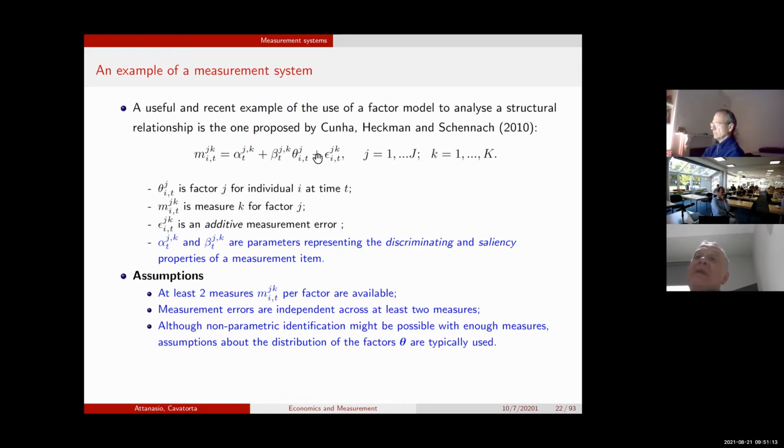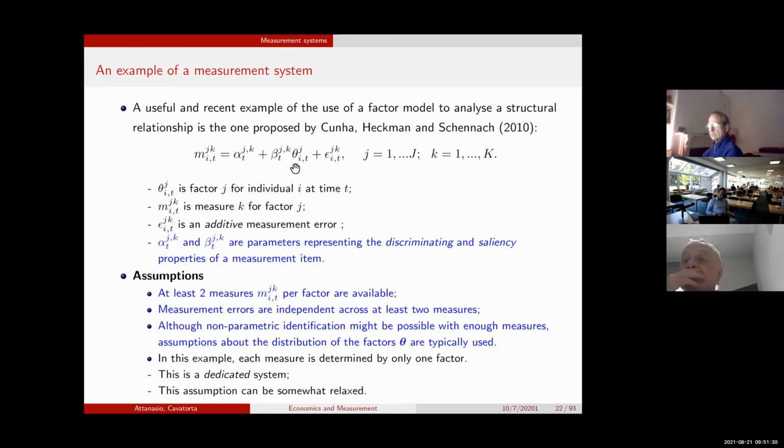Non-parametric identification might be possible with enough measures, but typically you make an assumption about the distribution of theta, and you can be flexible on that.